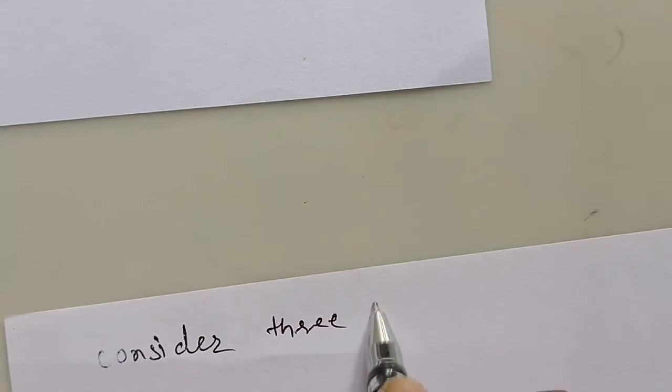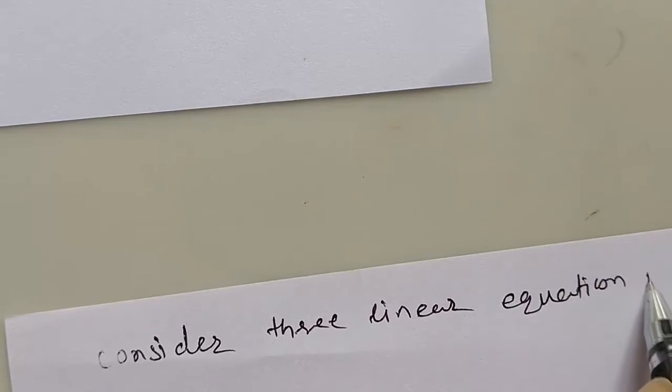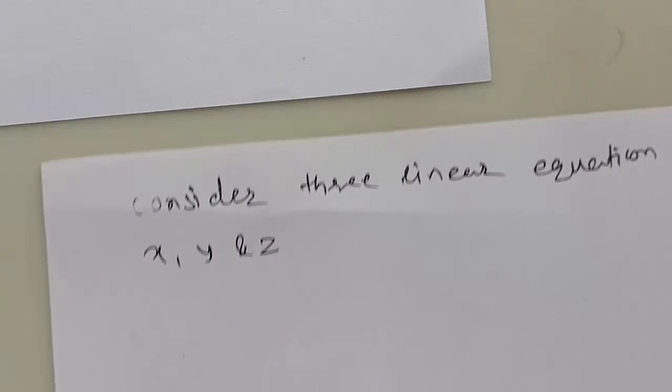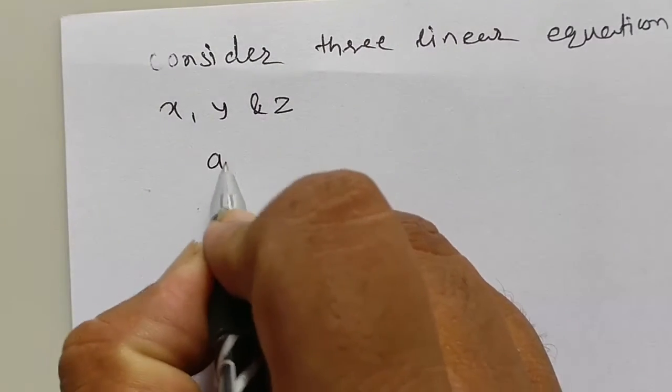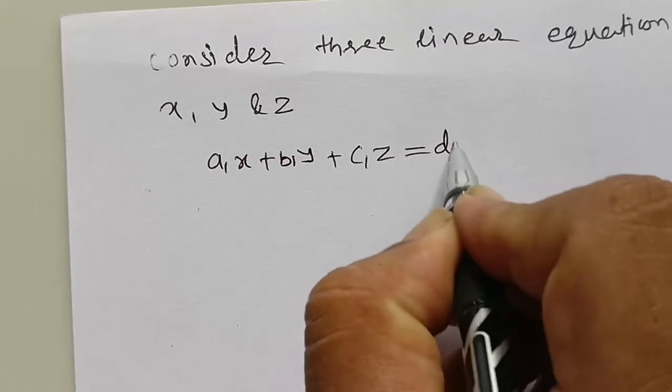Now consider three linear equations in three variables x, y and z. a1x plus b1y plus c1z is equal to d1.